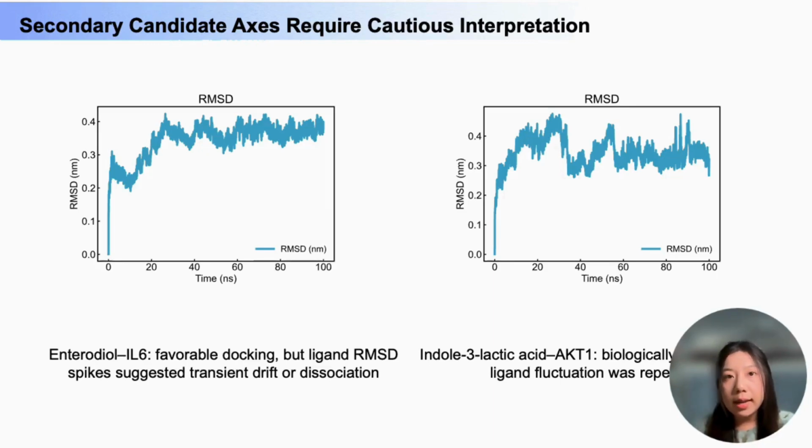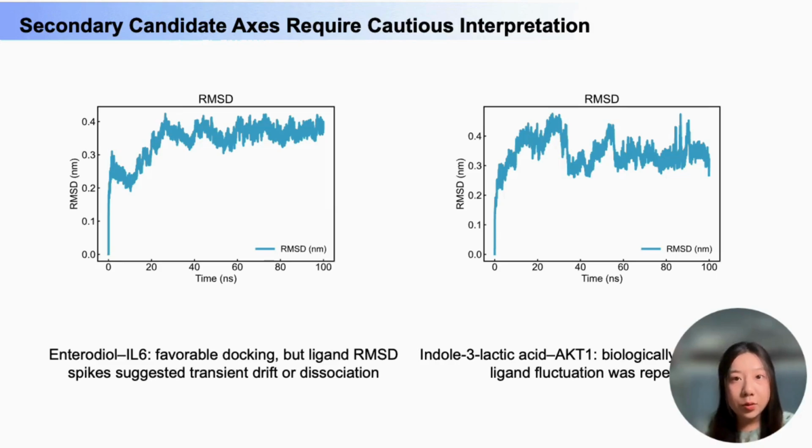For indole-3-lactic acid and AKT1, the axis is biologically reasonable because AKT1 is related to survival and inflammation-related signaling. However, its ligand trajectory also showed repeated fluctuation.